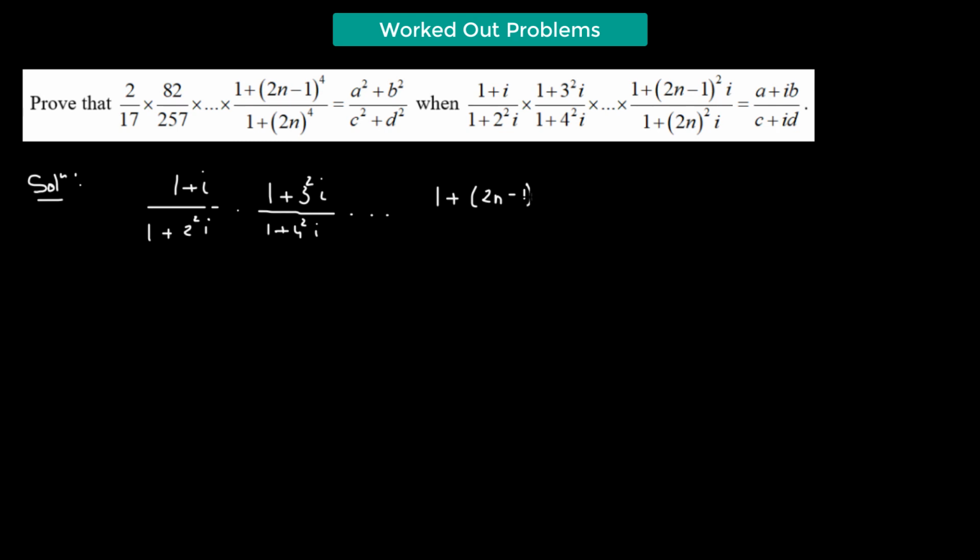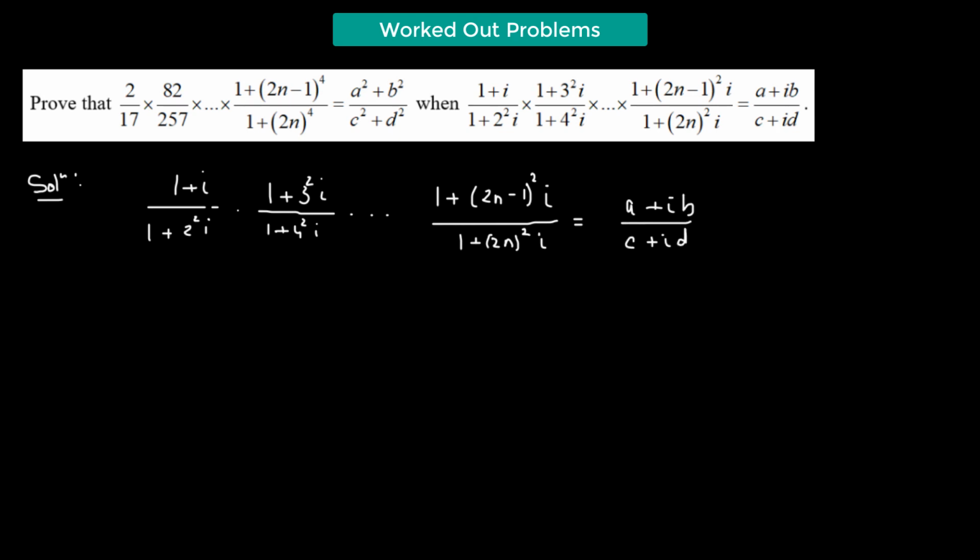So here in this question, we are given that (1 + i) divided by (1 + 2² i) multiplied by (1 + 3² i) divided by (1 + 4² i), all the way up to (1 + (2n-1)² i) divided by (1 + (2n)² i), is equal to (a + ib) divided by (c + id).